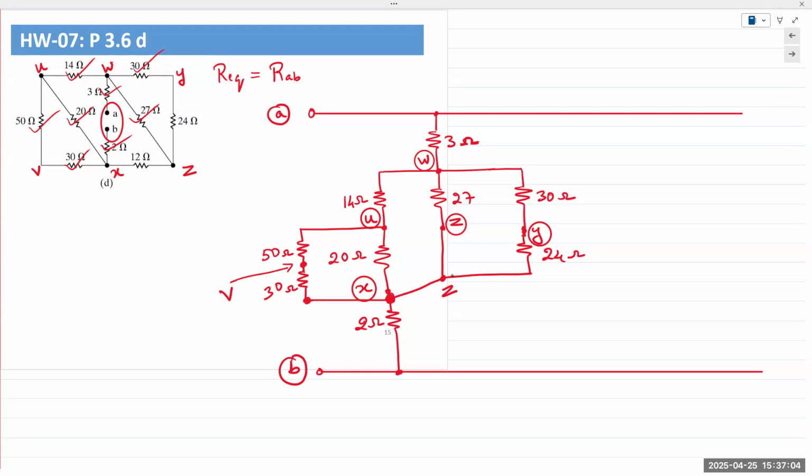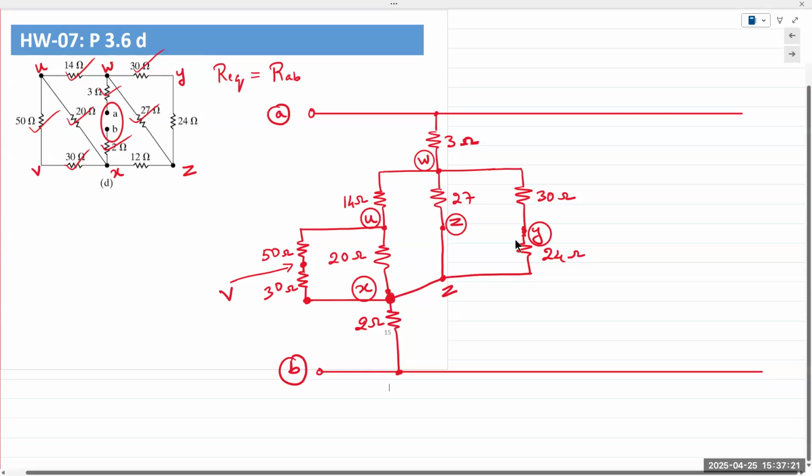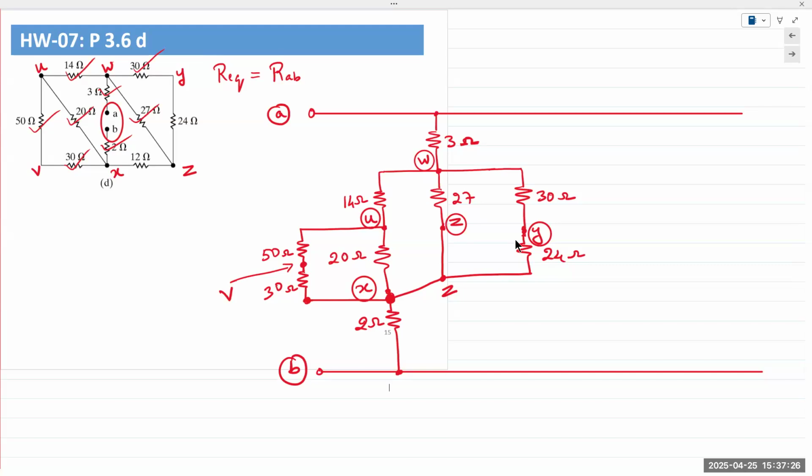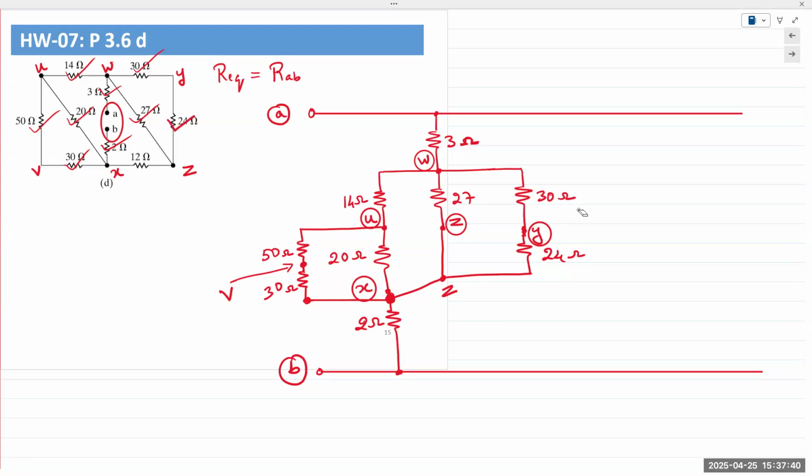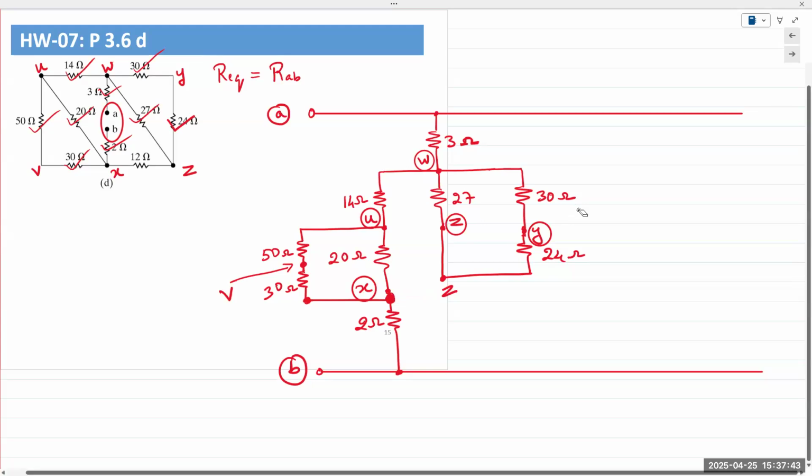So 50 ohms and 30 ohms, we have a node V that goes back to X. From X, I have a 2 ohm resistor that goes to terminal B. On the right side, to finish the connection, I have 30 ohm resistor, node Y, that goes to the 24 ohm, that goes to Z. That completes that connection. And at the end of Z, oh, we still have the 12 ohms between X and Z.